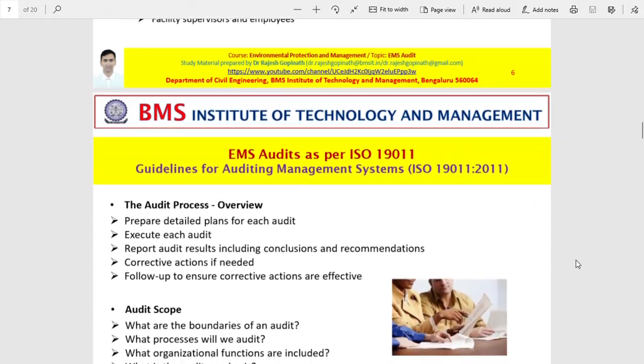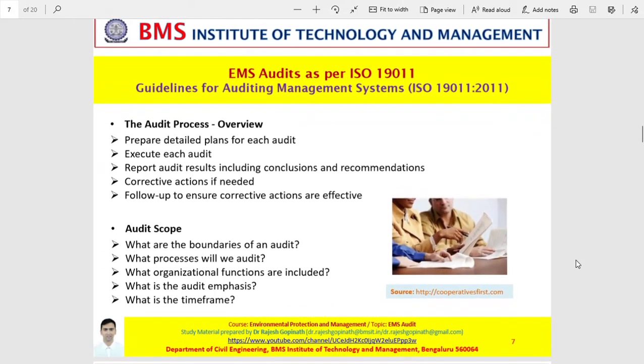So, what actually happens in an audit process? Let's have an overview of that. First, there is a detailed plan which is prepared for each audit. Second, each audit is executed. Third, the audit results, which include recommendations and a summary, are reported.